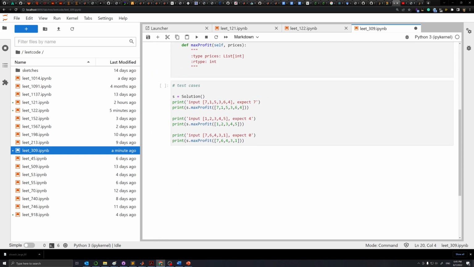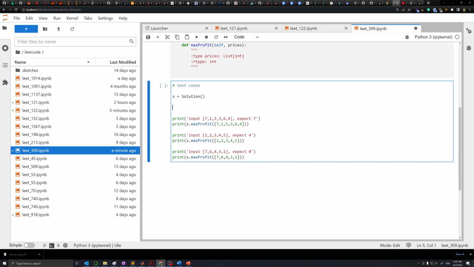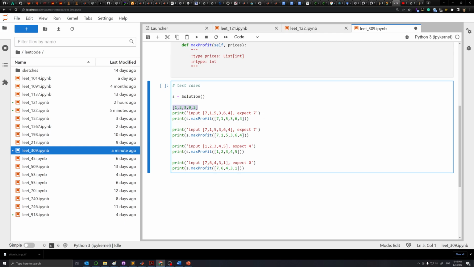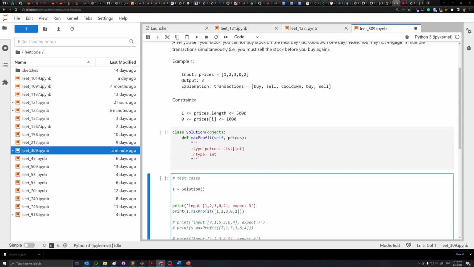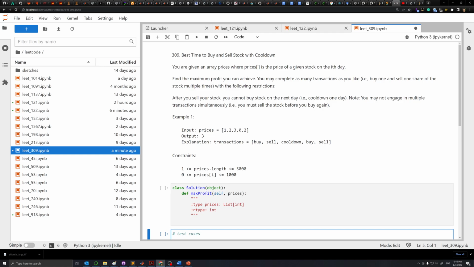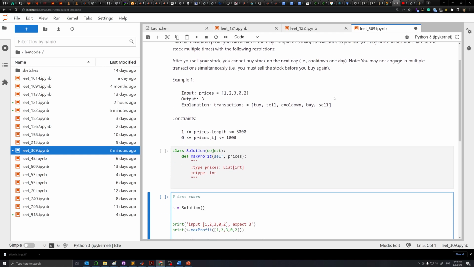That's our first test case. Let's just build a new line. I want to keep the previous ones there. 1, 2, 3, 0, 2 and expect 3. Sorry. There you go. And these ones we don't know yet. We're just going to comment them out. We have our test case and we have our solution template, and let's start sketching it.